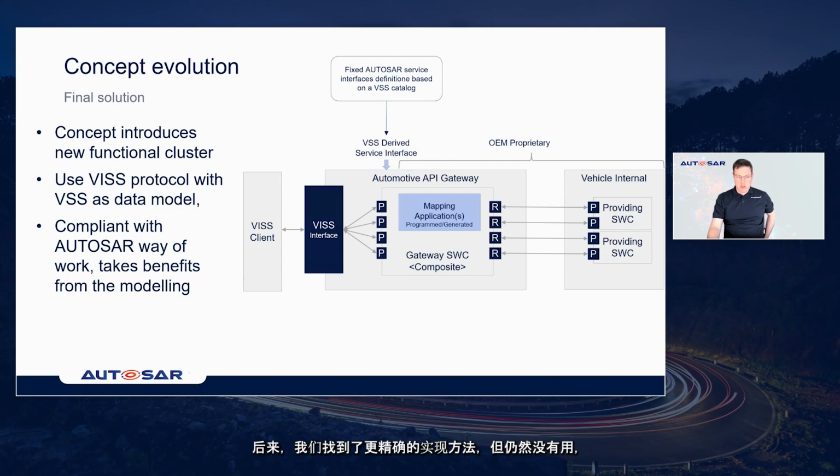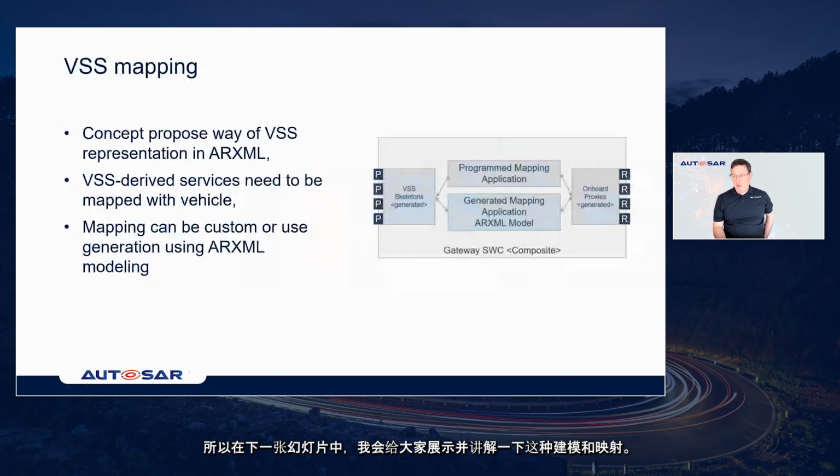Later, we found more precise solutions for how to achieve it, but still we weren't talking using, let's say, AutoSAR language, but we tried to convince the consortium that our way is good and we have justification to do it our own way. And finally, in the third stage, we started to talk using the AutoSAR way of expression. So in the next slide, I will tell you a little bit about this modeling, this mapping.